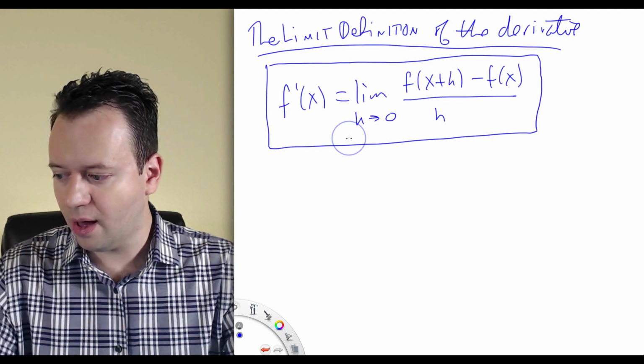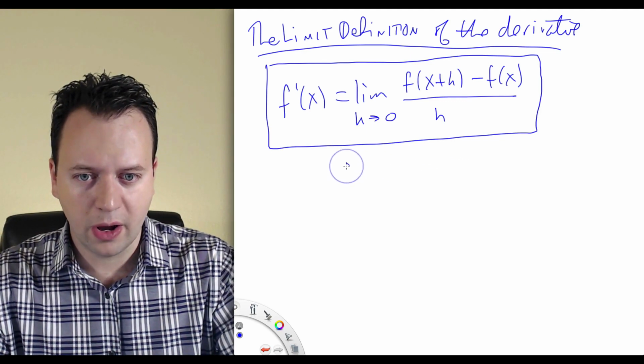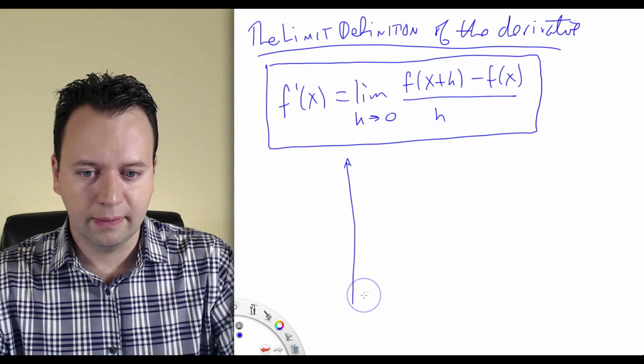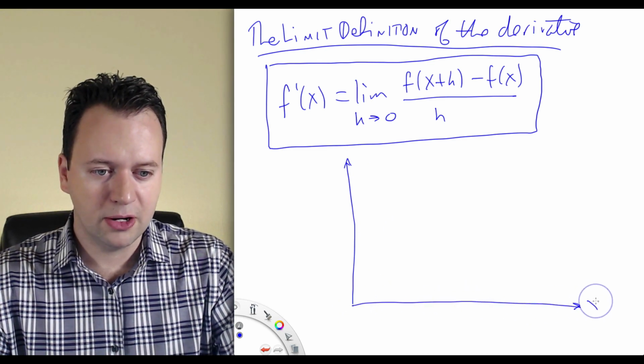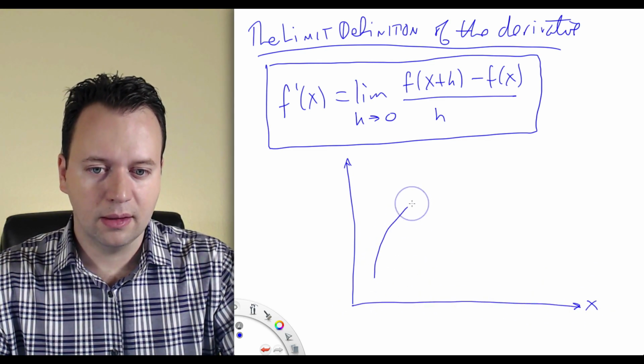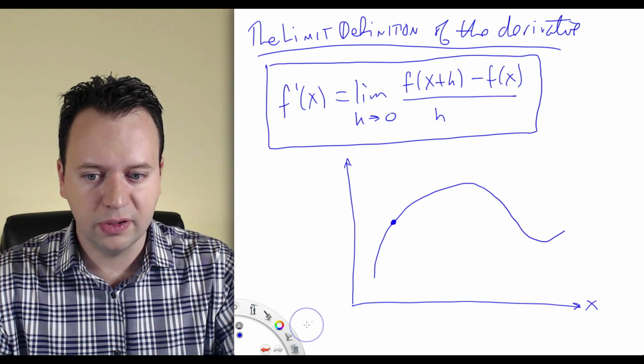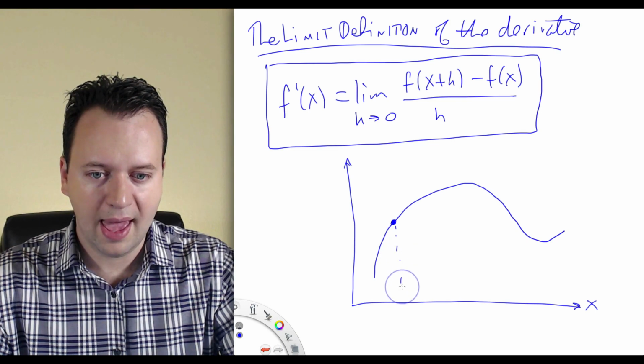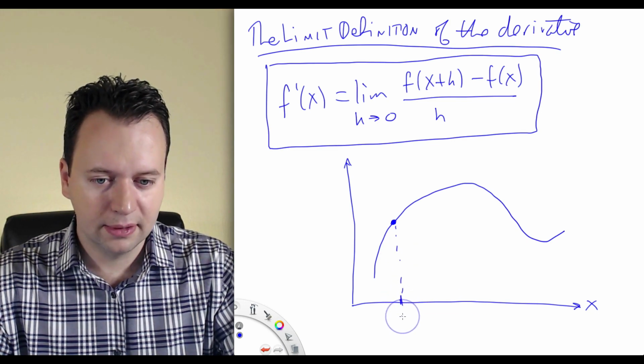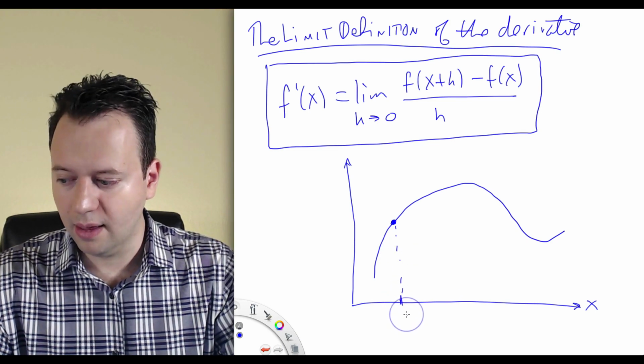And so let's finish our picture that we were drawing earlier, and just mention again that this gives you the slope of the tangent line. So let's say this is our point x, or a if you want, but we'll just call it x.